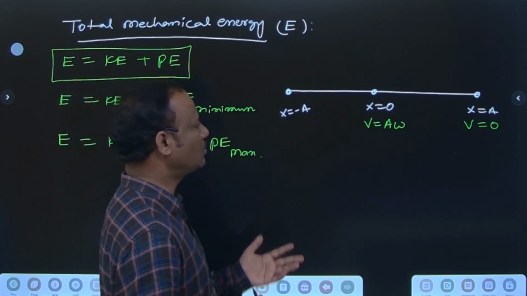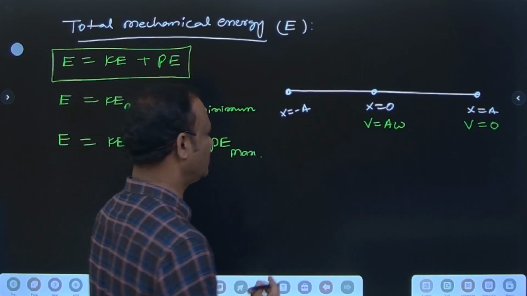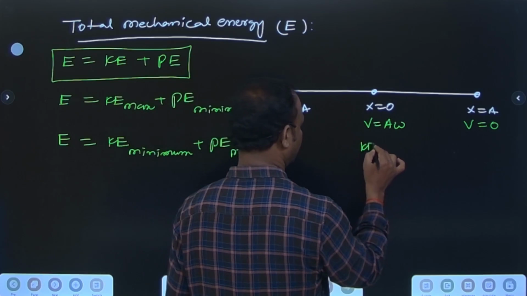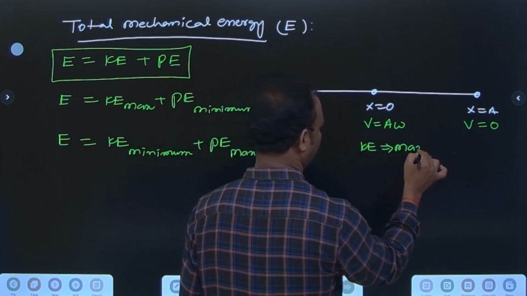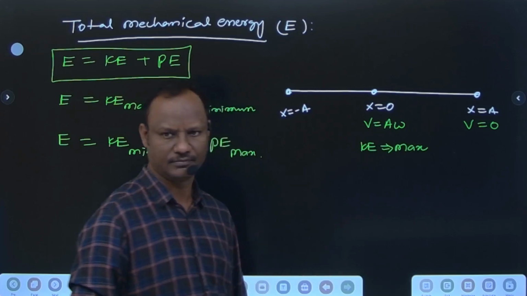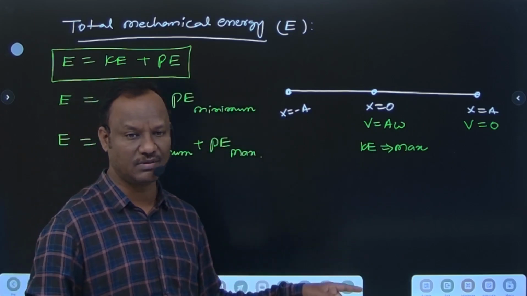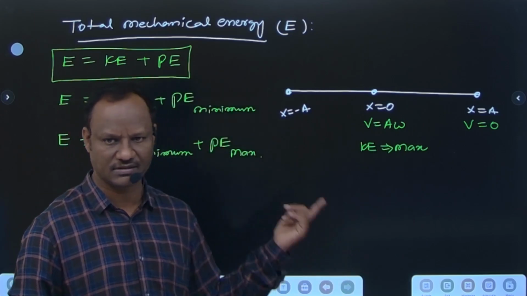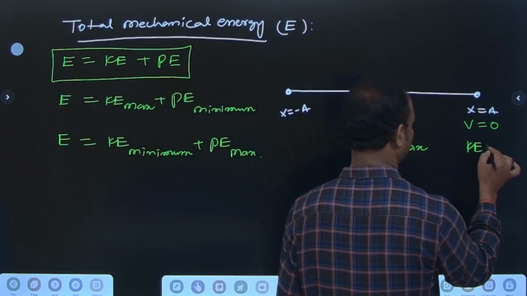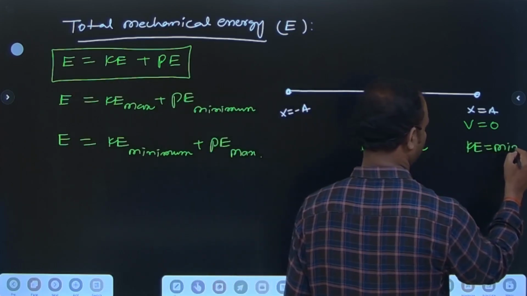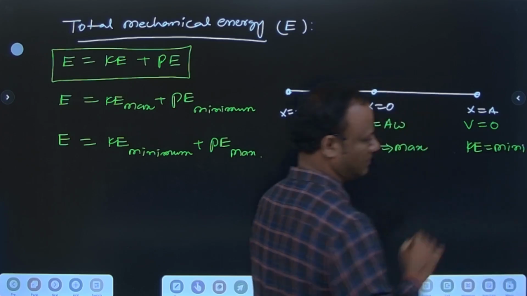Let me talk about the kinetic energy at this position. Is it maximum? Yes. The maximum is half m omega square a square. Kinetic energy at the extreme is minimum. Correct?